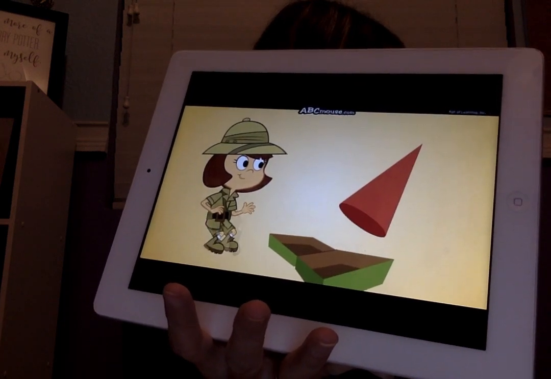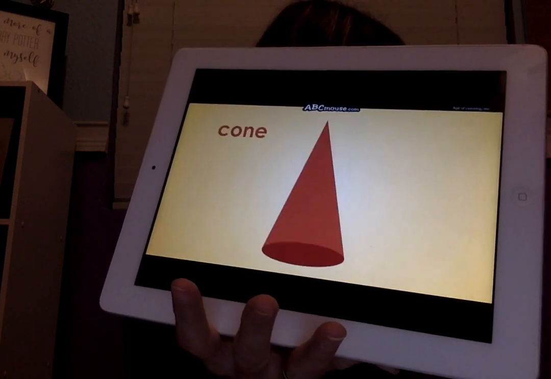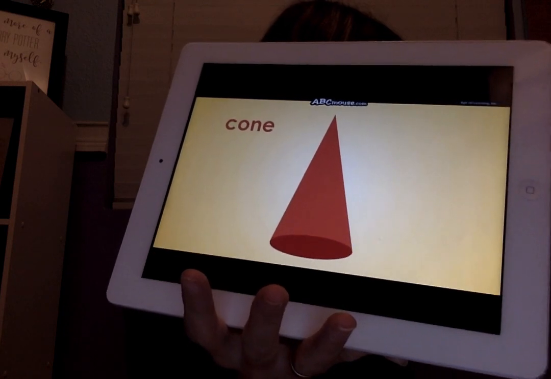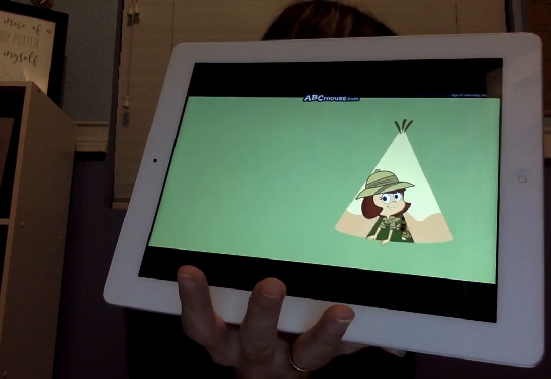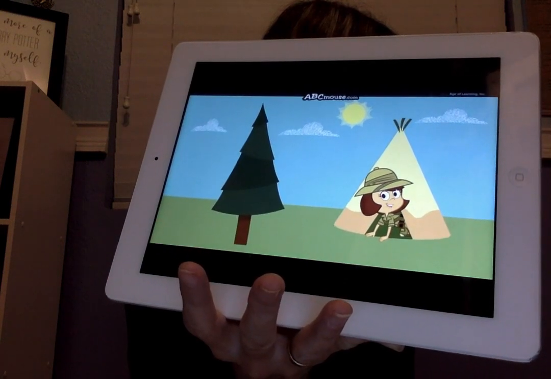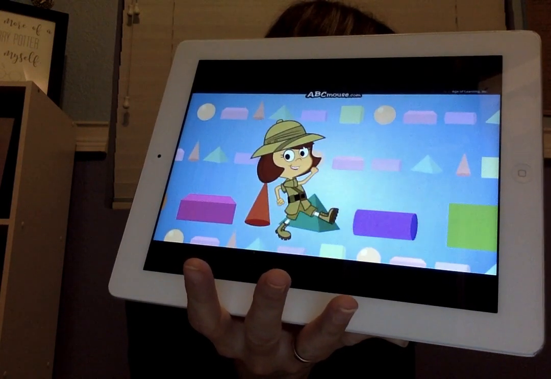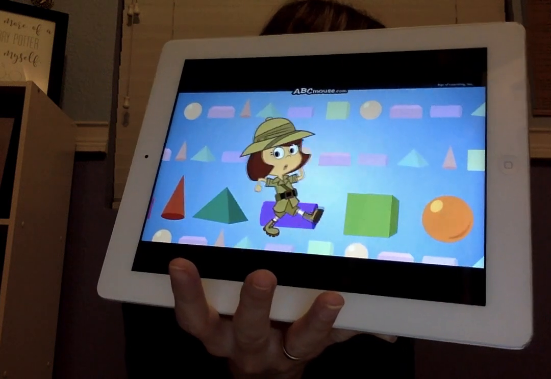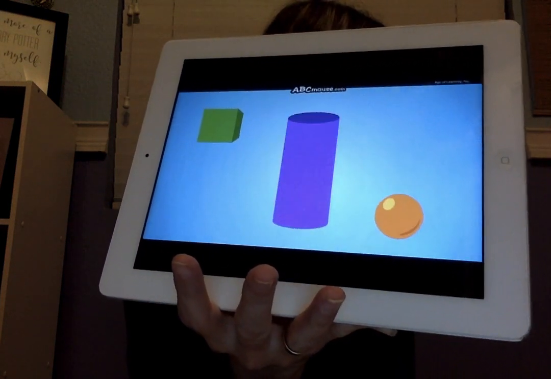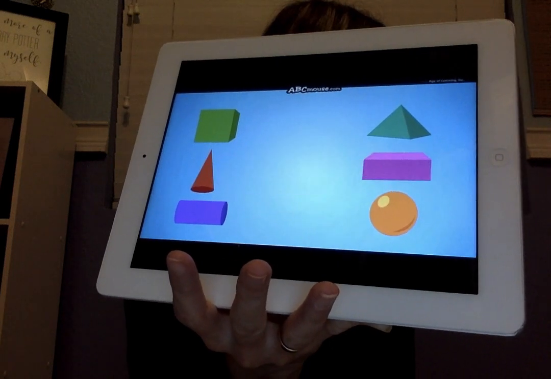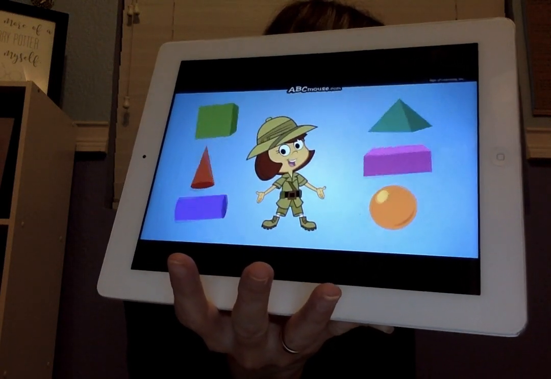With a circle on the bottom and a point at the top, a cone is a shape you'll see. Party hats and teepees are shaped like cones, and so is a green pine tree. Let's sing about 3-dimensional shapes. No two look the same. We see these 6 shapes everywhere. Let's learn them all by name.